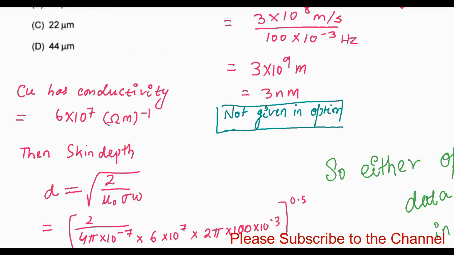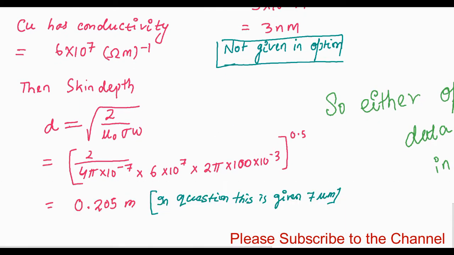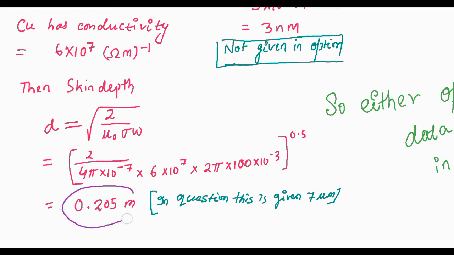Here if we consider copper to have mu 0 equal to that of vacuum, we will find D to be 0.205 meter. In this question, this is given to be 7 micrometer. So this may be a wrong thing it has given.